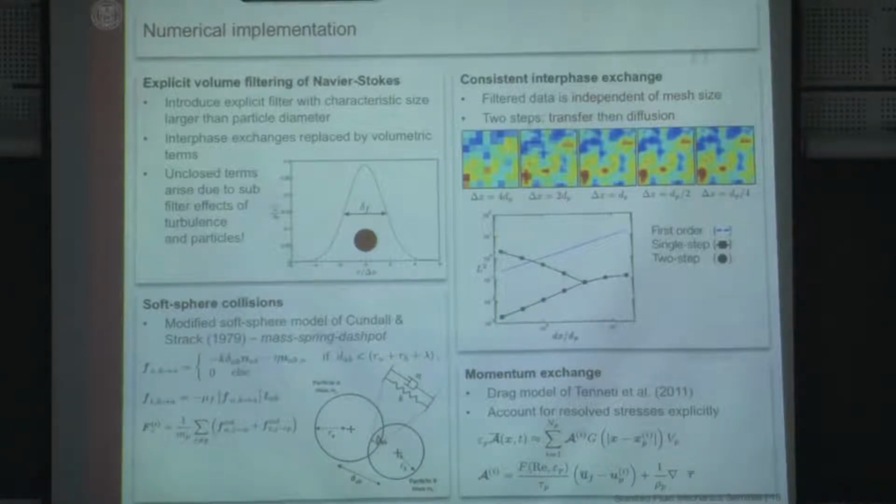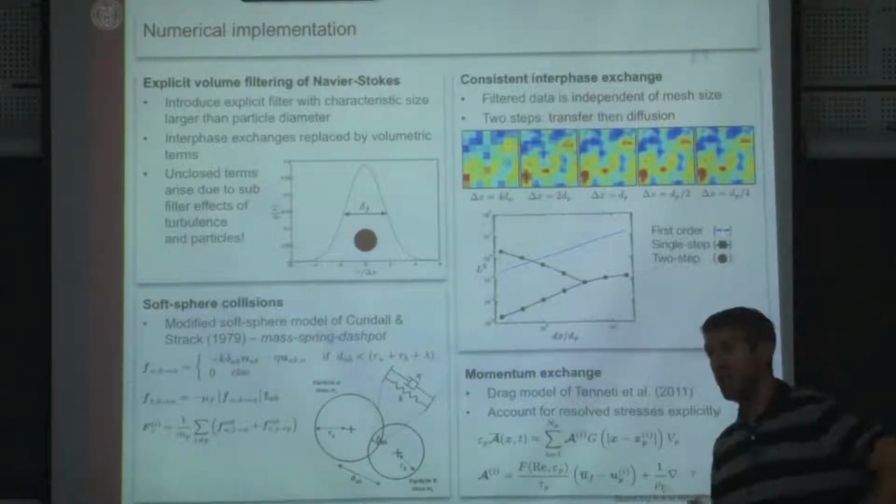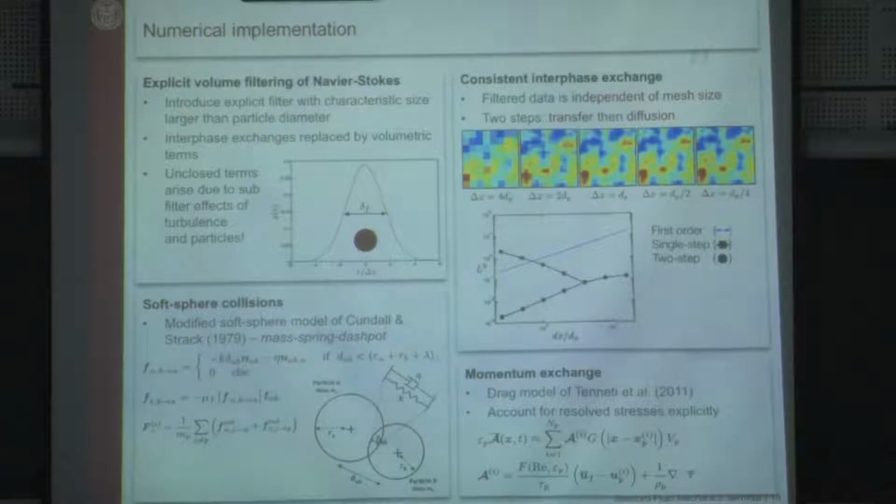So you'll rely on the mesh to make sure that you don't generate flow features on scales below the scales that you're interested in modeling. As far as the particles are concerned, you still need to apply this explicit filter because the particles will carry information on their own scale, which is independent from the mesh. And so for that, we'll have to make use of our filter.